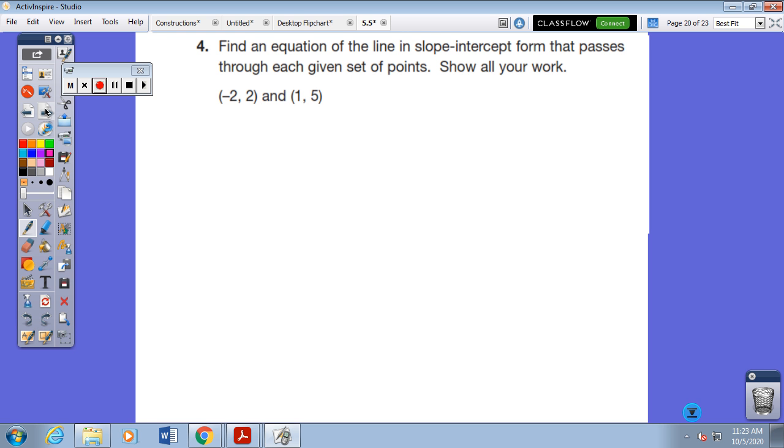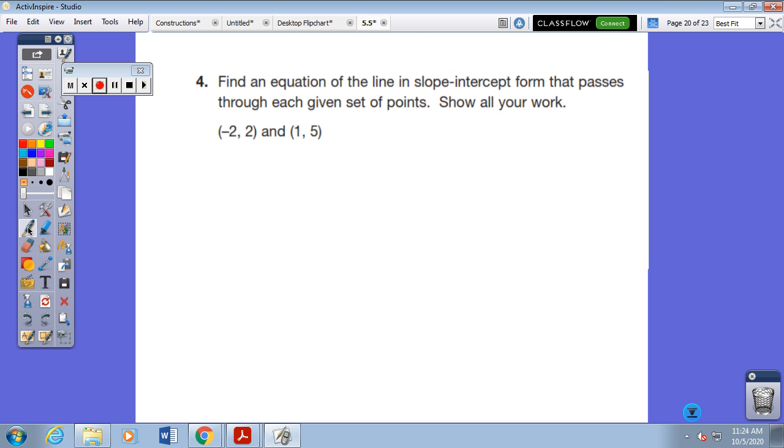Alright, so again, at the top of this page, we're going to need our formula. Okay, y minus y1 is equal to m times x minus x1.